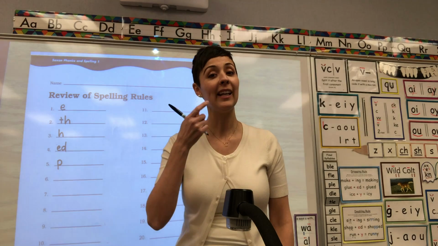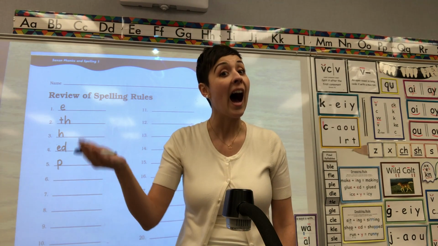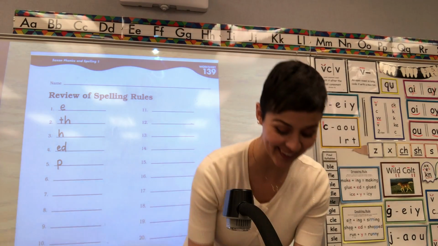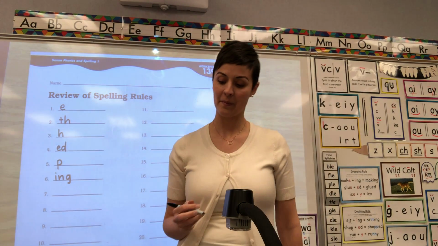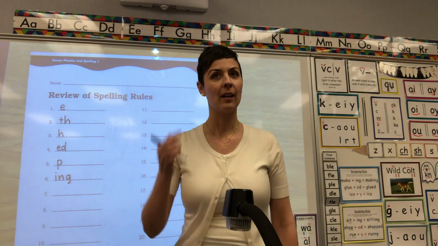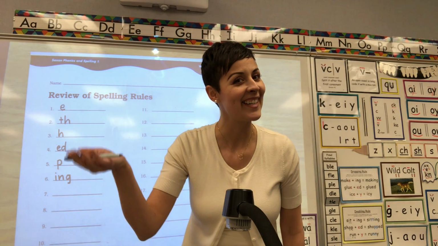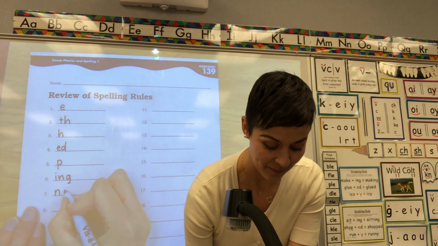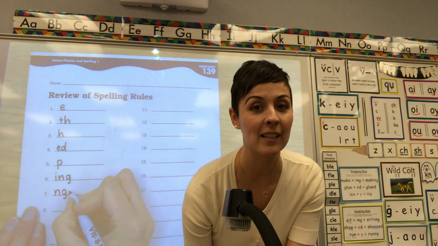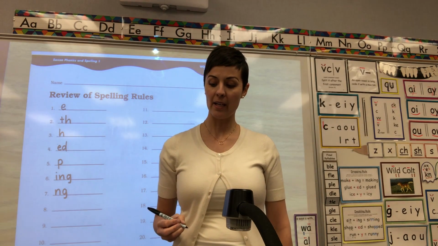Number 6. Ing. I-N-G. You got it. Number 7. Ng. Digraph N-G. Good. One says ing, one says ng. Number 8.